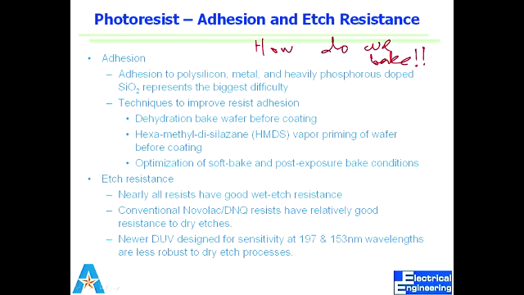Now, all these different processes have their own pros and cons. With a hot plate, the simple issue is that you have a heat gradient. Yes, you have a hot plate beneath, but the top is exposed to the environment and is continuously cooling off. And if there is humidity in the room, your dehydration bake is not fully happening.